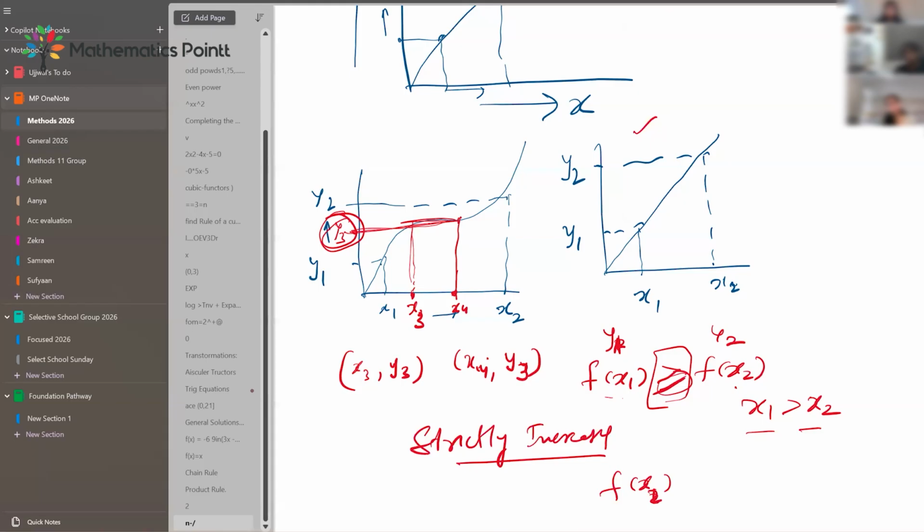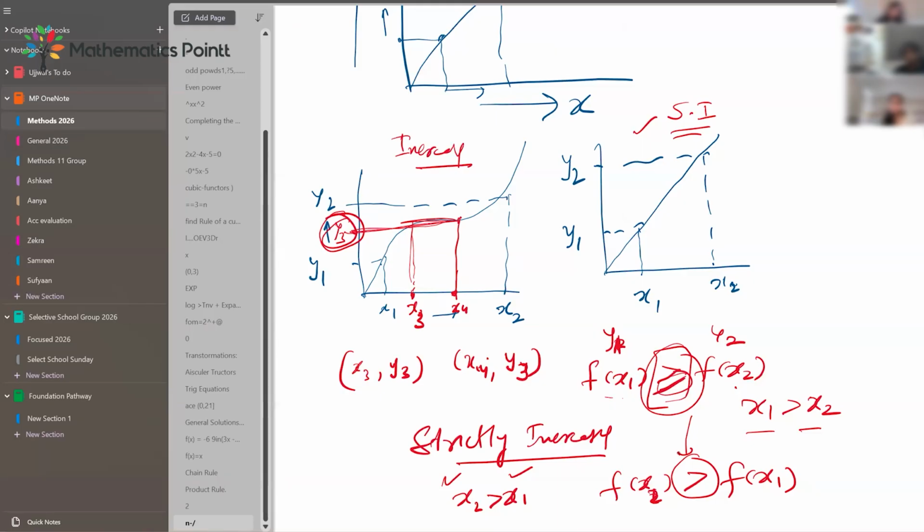Because 2 is logically greater than 1, is greater than f of x1 when x2 is greater than x1. The equality is missing. The y value cannot be the same for two x values. That function is called strictly increasing. And this is just increasing.